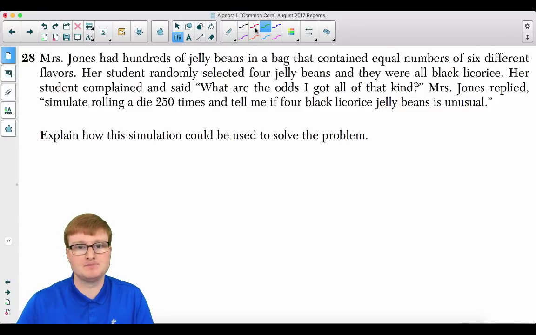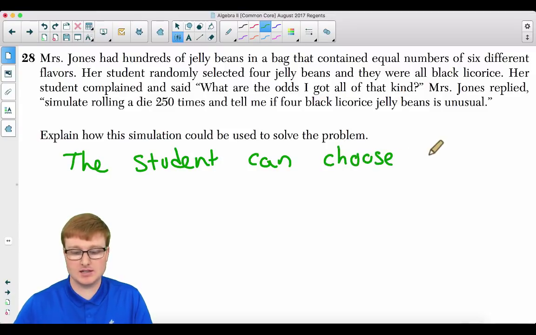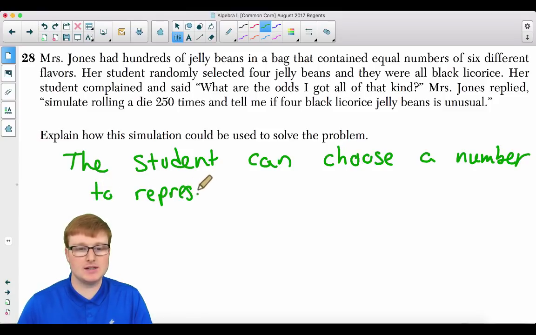Well, here's your answer. It's kind of annoying, but it is true. So the student can choose any number that they want. So the student can choose a number to represent black jelly beans.